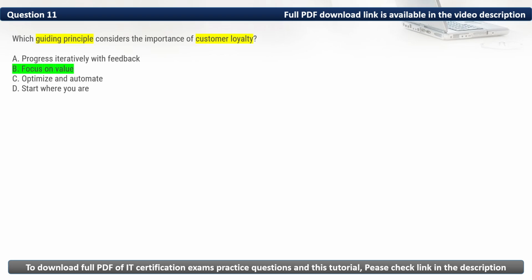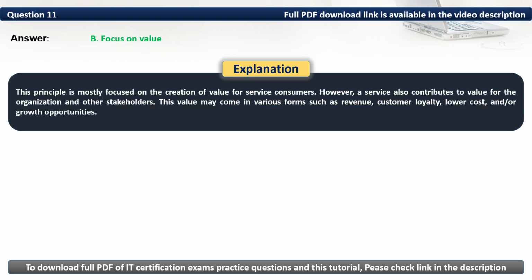Thus, the correct option is B. This principle is mostly focused on the creation of value for service customers. However, a service also contributes to value for the organization and other stakeholders. This value may come in various forms such as revenue, customer loyalty, lower cost, and/or growth opportunities.